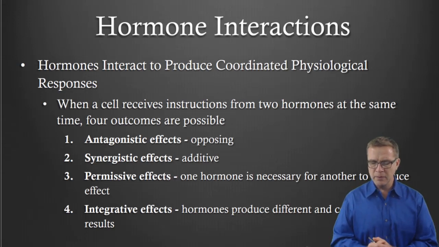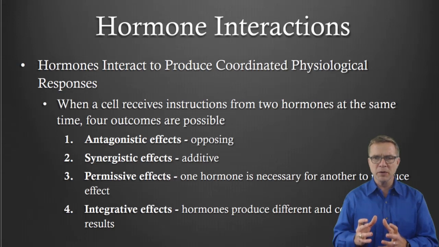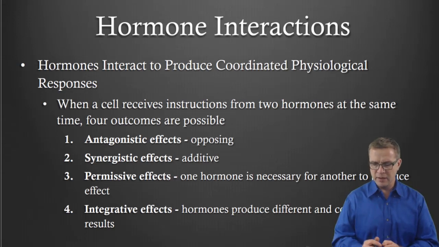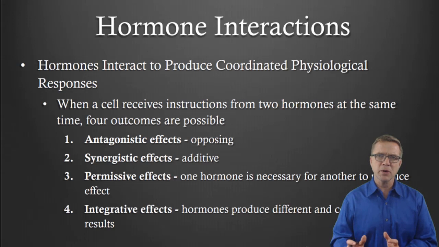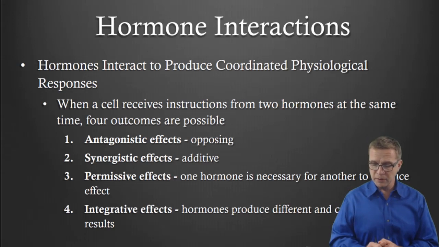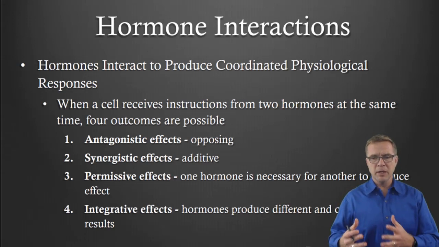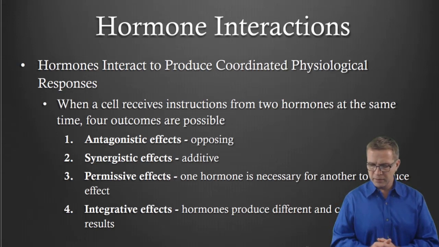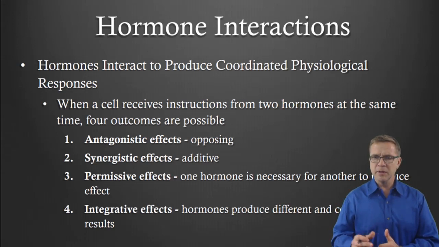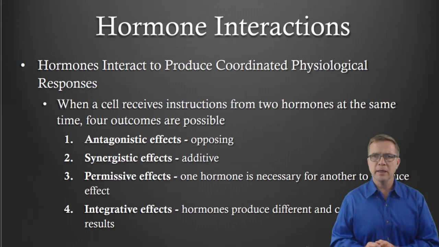First, we could have cells that are receiving information from hormones that have antagonistic effects, which means the two hormones are opposing each other as far as telling that target cell what to do. Then we have additive or synergistic effects, where it just compounds the effects.